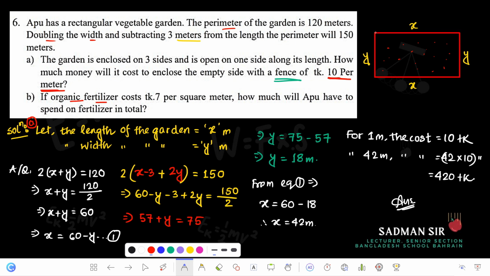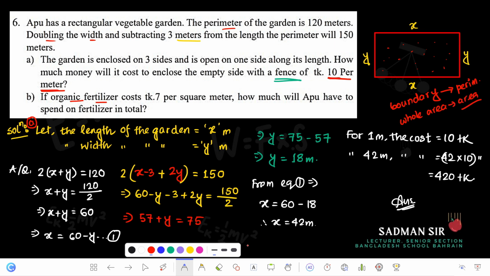So for your future problem solving, you can remember that whenever you are dealing with the boundary, you need to calculate the perimeter. And whenever you have to do something all over the area, then you have to calculate the area, not the perimeter.